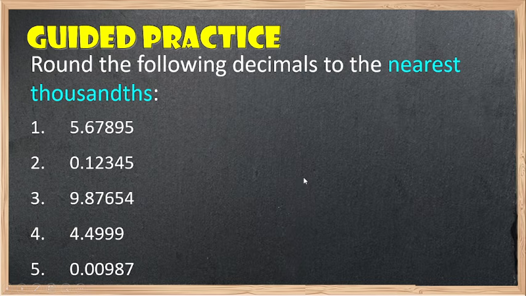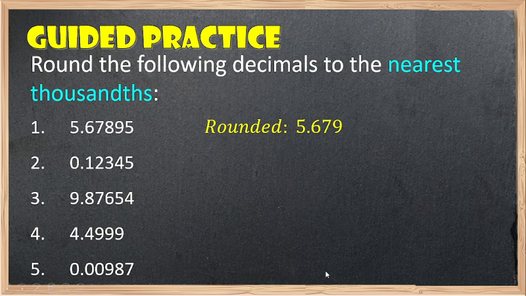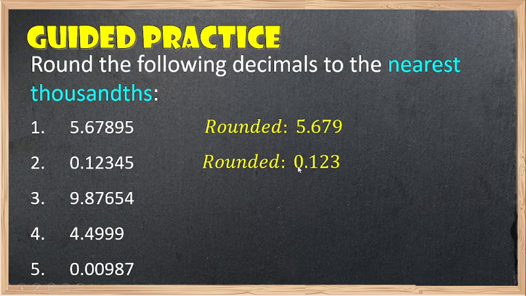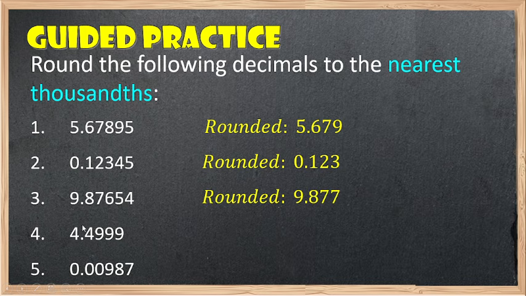The correct answer for number 1 is 5 and 679 thousandths. For number 2, the answer is 123 thousandths. Then for number 3, we have 9 and 877 thousandths.